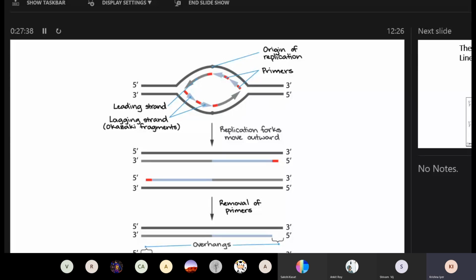Now from this fork here, when the forks move here, this can be made in a continuous fashion, but in this fork, which is moving in this direction, it is made in a discontinuous fashion.